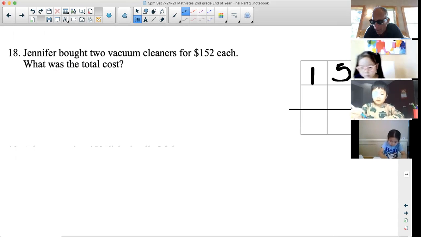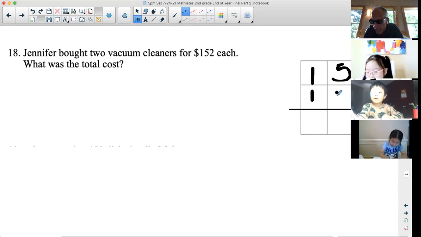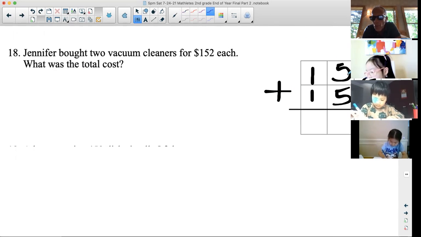So everybody write out 152 plus 152. Excellent. Equals. Wait, don't say the answer yet. Everybody try it. Write it down. 2 plus 2, 5 plus 5, carry and add.